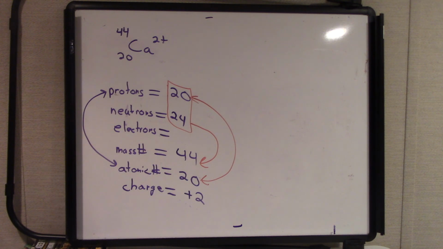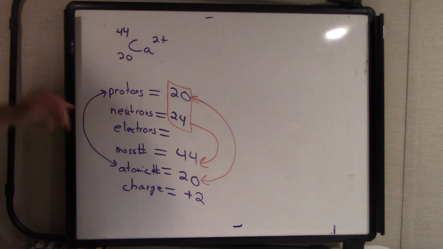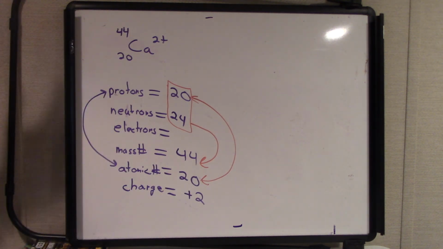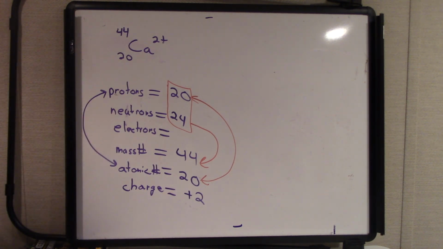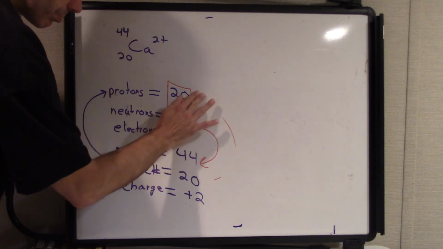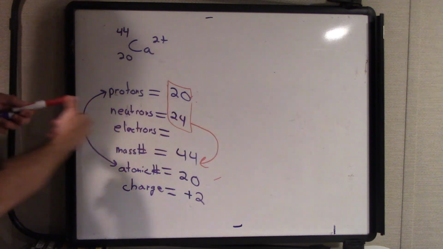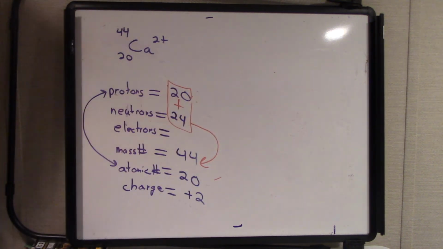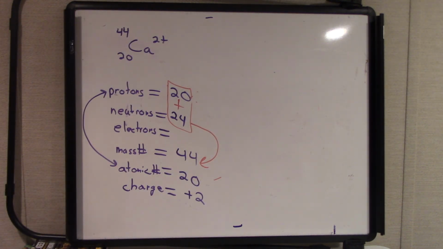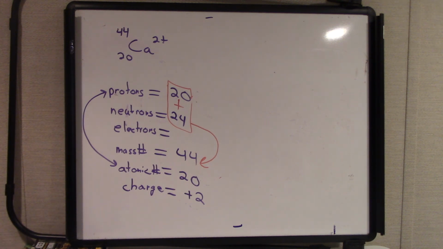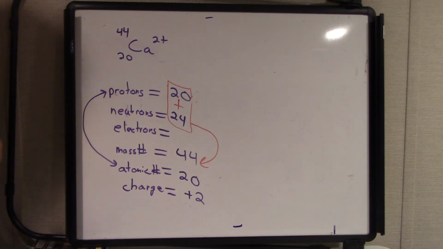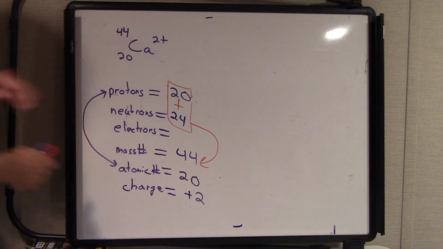The last piece is the number of electrons. So number of electrons, remember, we can figure this out from the charge, the number of protons, and the number of electrons. Our electrons are going to come from the relationship between the protons and the charge.